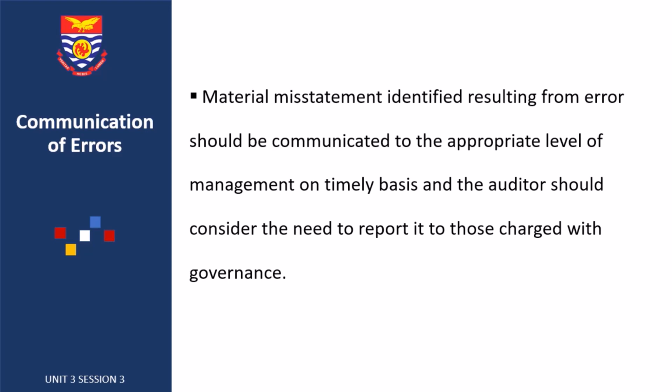Human beings are bound to make errors. So if some of these misstatements are a result of error, those charged with governance should be informed on a timely basis for those errors to be corrected, and this must be reflected in the financial statements.